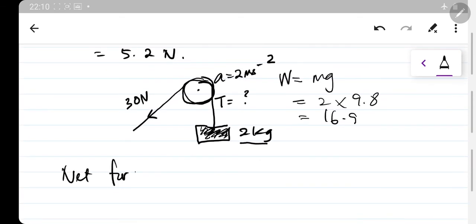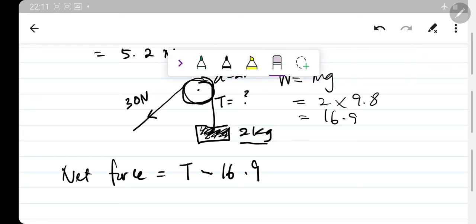The net force in this case is tension minus 19.6. Sorry, it's not 16.9, it's 19.6.